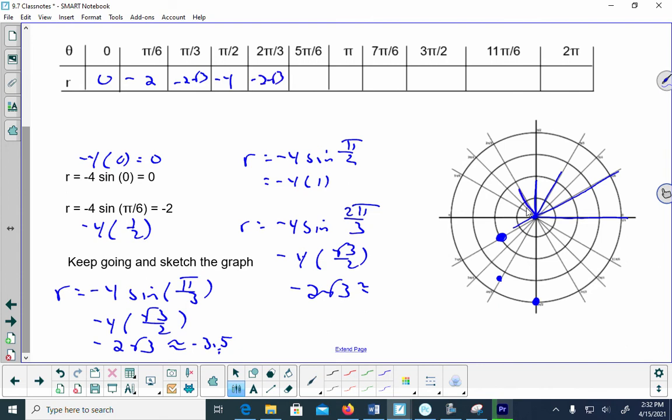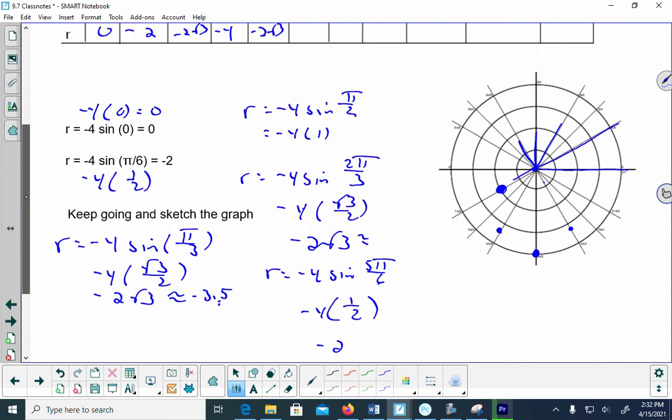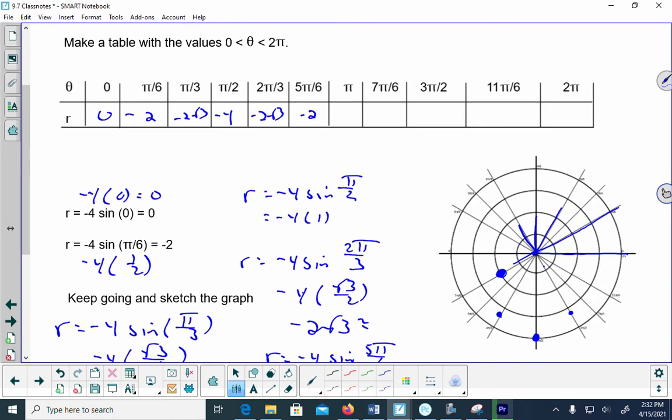Negative, hopping over the pole, 1, 2, 3.5. Then 5 pi over 6: R is equal to -4 times the sine of 5 pi over 6. The sine of 5 pi over 6 is a positive 1/2, so that'll be -2. So 5 pi over 6 is here, and then -2, 1, 2, and I plot those points here.